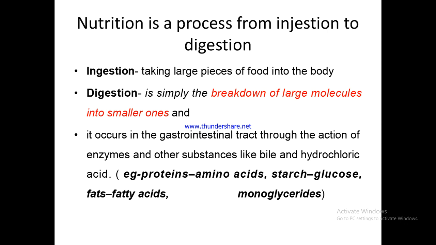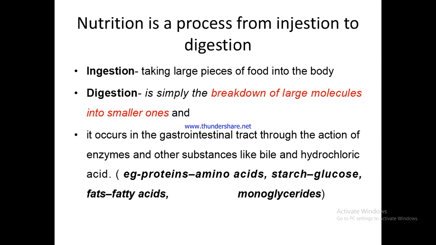We have said that nutrition is a process from ingestion to digestion. When food is ingested, it goes through a process until it is assimilated and excreted. Ingestion is taking a large piece of food into the body.